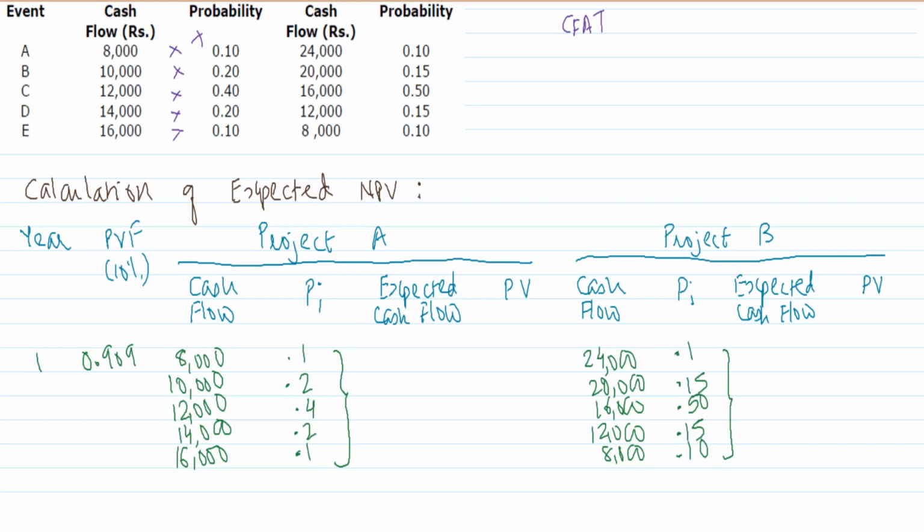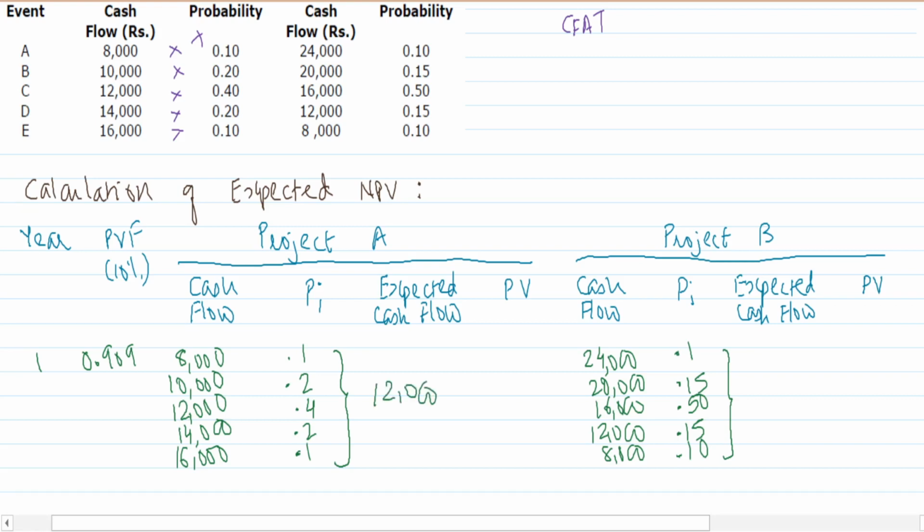So press M plus. Then 10,000 into 0.2, M plus. 12,000 into 0.4, M plus. 14,000 into 0.2, M plus. 16,000 into 0.1, M plus. And then press memory recall. Your expected cash flow is turning out to be 12,000.